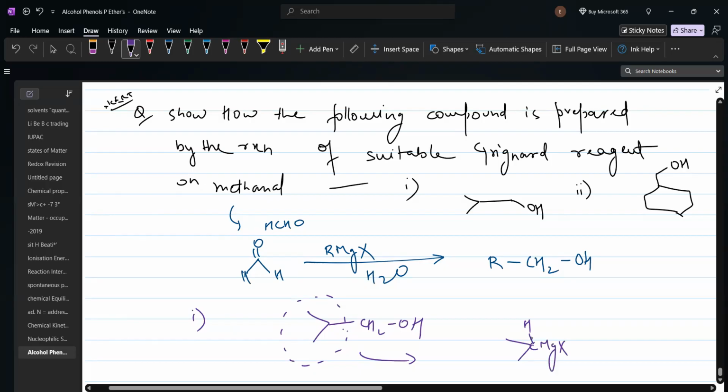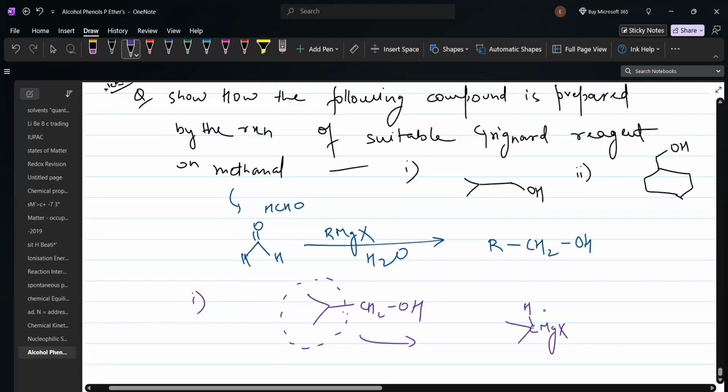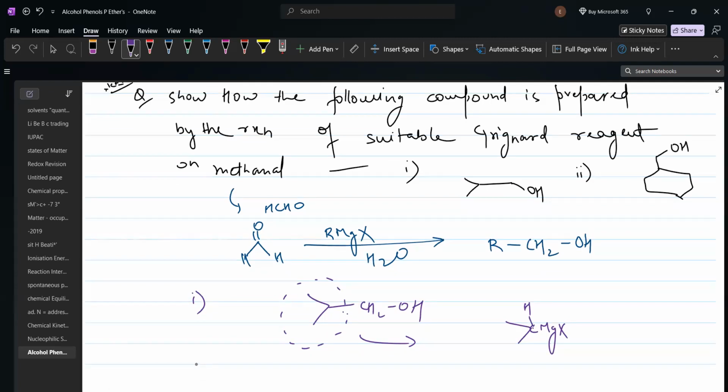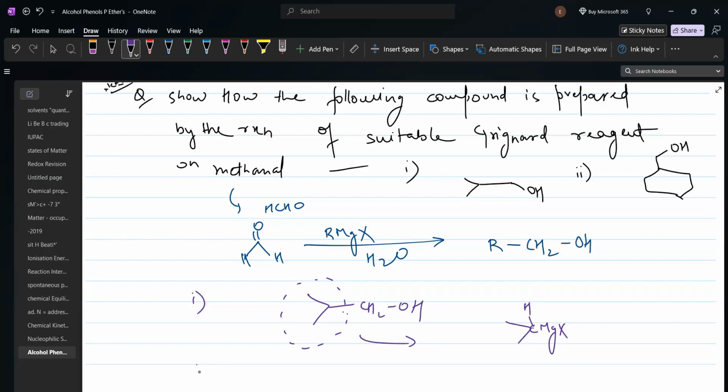So it will attack on this carbon and it will form this, right? Everyone? Yes, sir. Understood, Siddhika and Mariam? Yeah, Khadija. Yes, sir.